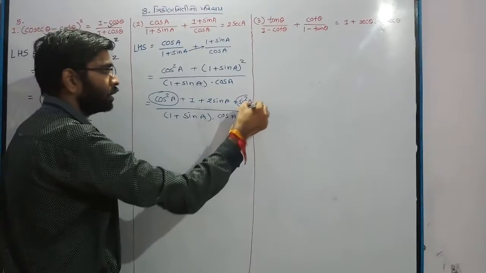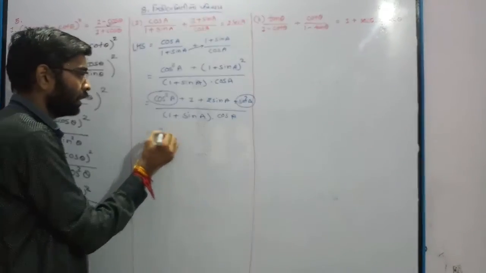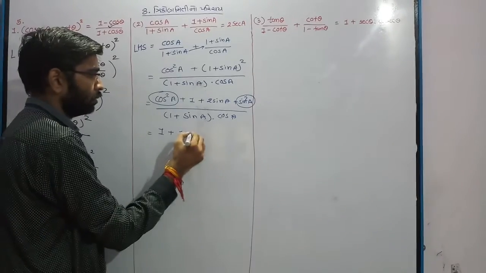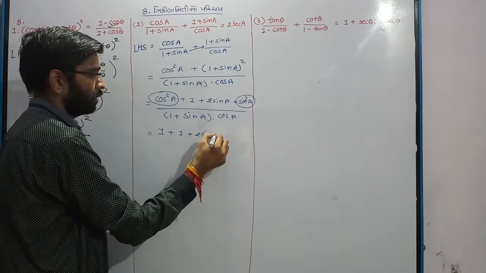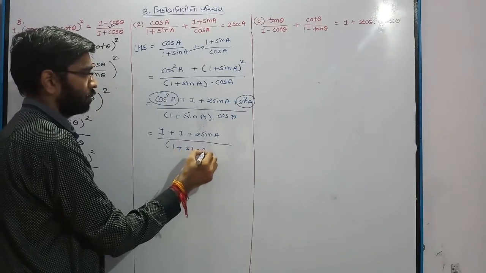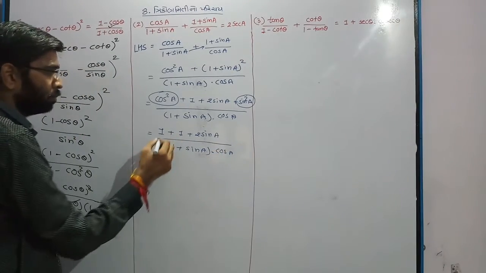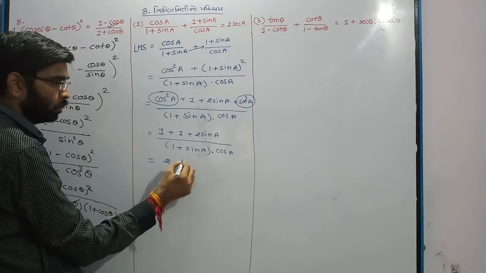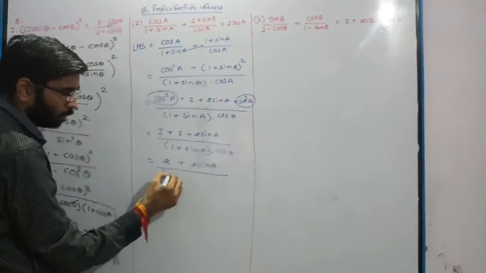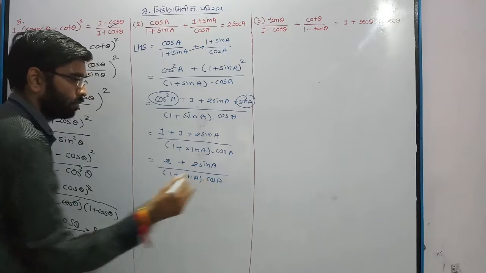cos square a plus sin square a is 1, so the numerator is 1 plus 2 sin a upon (1 plus sin a) into cos a. 1 plus 1 is 2, so 2 plus 2 sin a upon (1 plus sin a) into cos a.